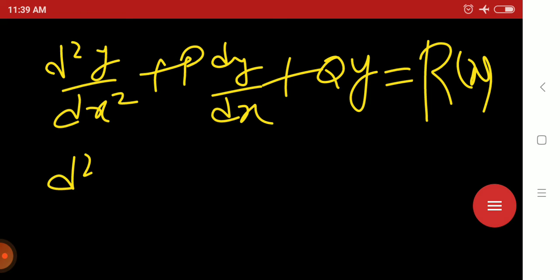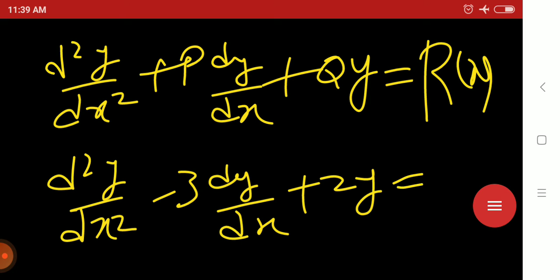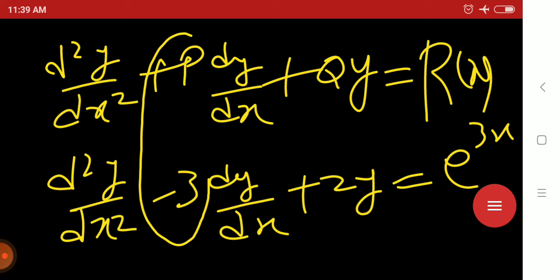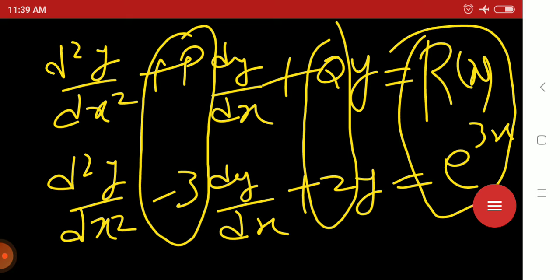Similarly, d2y by dx square minus 3 dy by dx plus 2y equals e to the power 3x. By comparing, you get p equals minus 3, q equals plus 2, and r of x equals e to the power 3x. Now, how to solve the solution of this differential equation? Let's start.